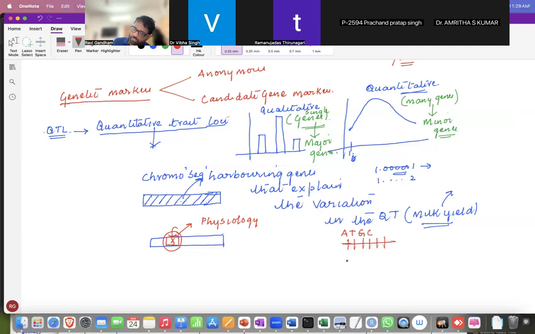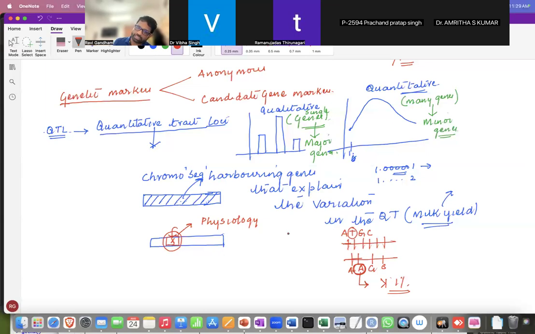One individual may have a T here, and another individual in the population at that locus can have an A. If the frequency of this allele, of this single nucleotide polymorphism, is greater than 1%, then that allele is one of the alleles existing in the population, defining the polymorphism at that particular locus.